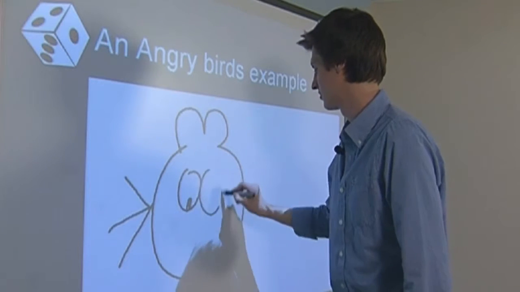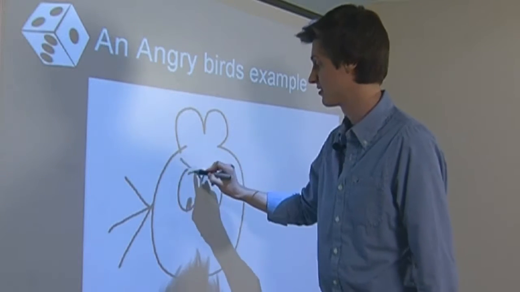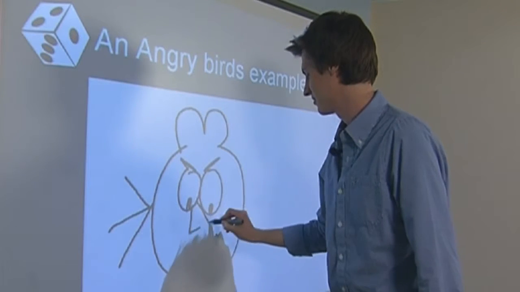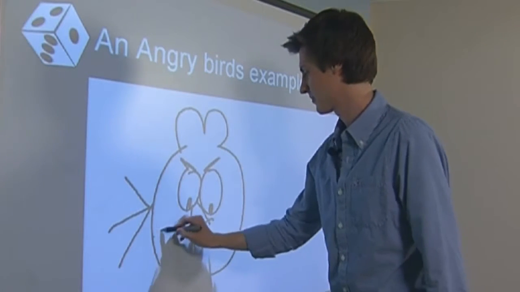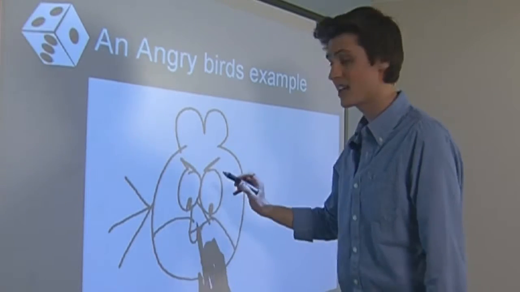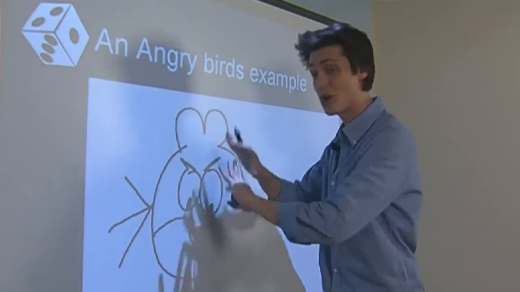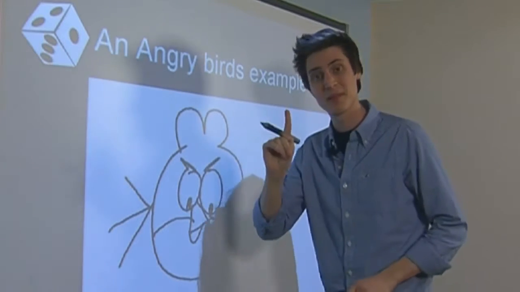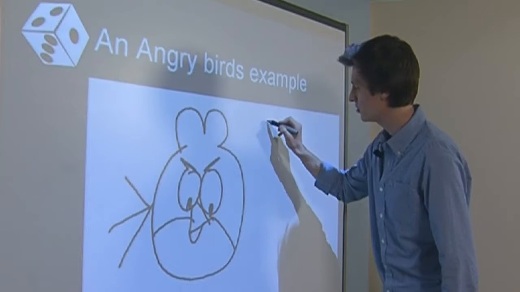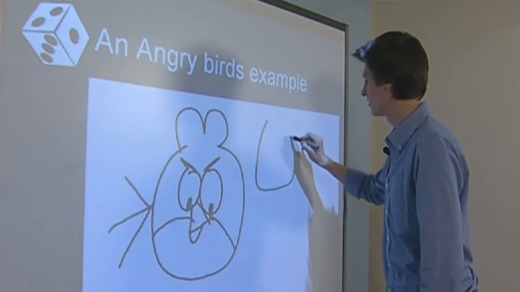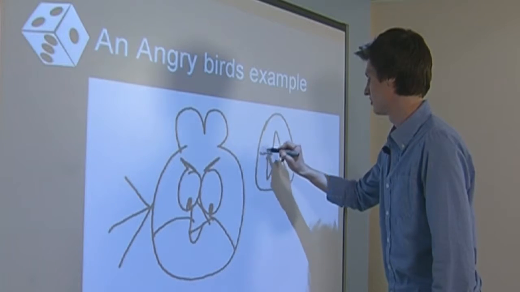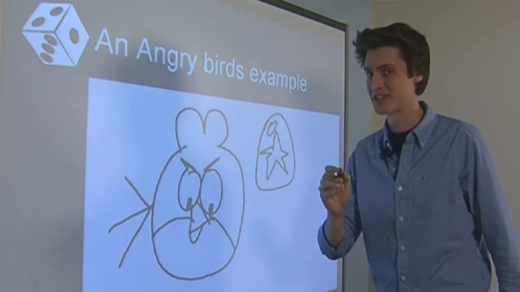Obviously this is not the best drawing, but it's fine for now. Imagine the game Angry Birds. This is the whole game. And what we are doing now is taking one game element, which is going to be this beautiful golden egg here. The golden egg that the Angry Birds are loving.